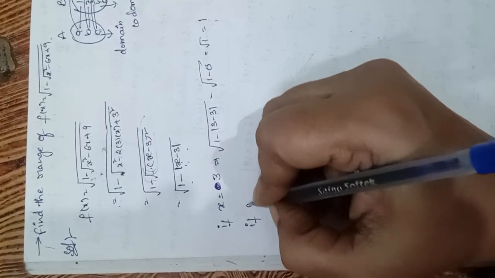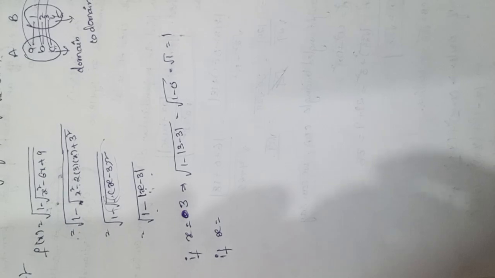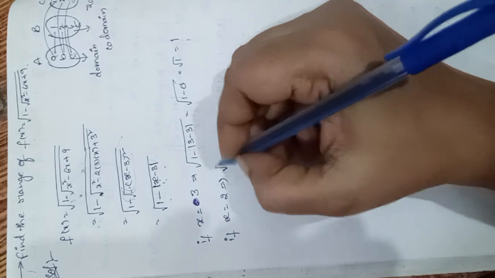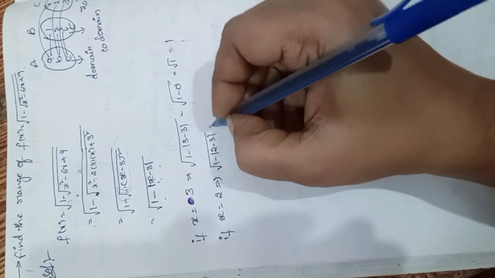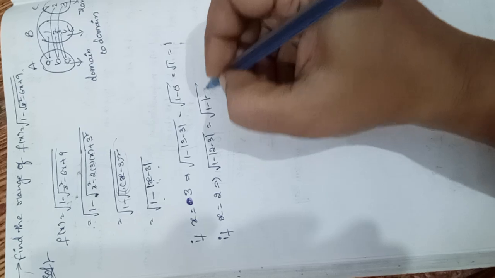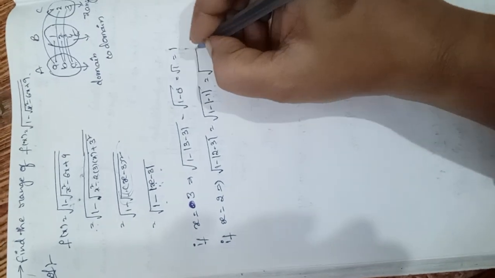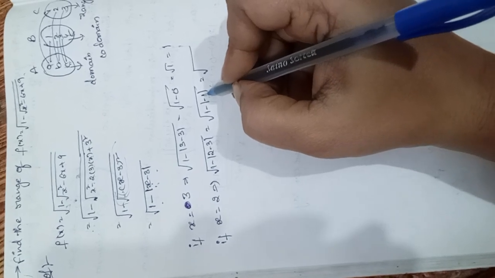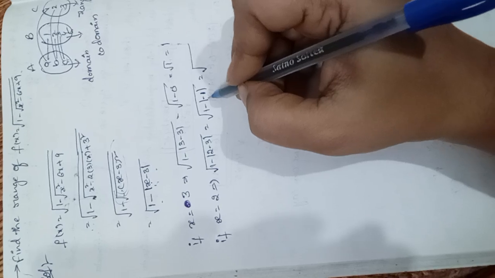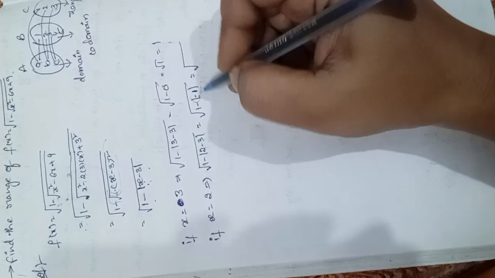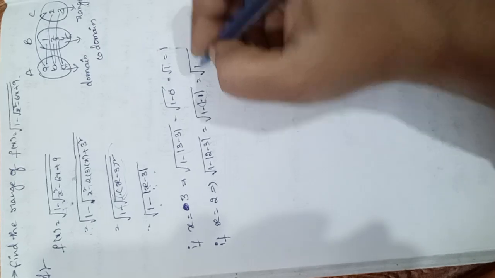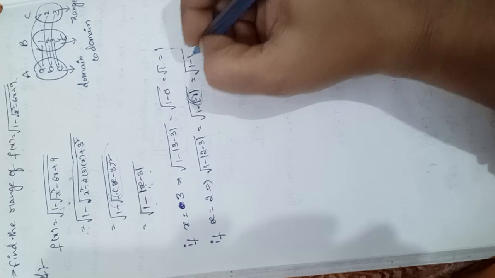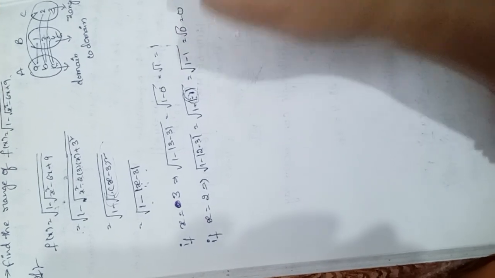And if I am substituting x value 2, root of 1 minus mod 2 minus 3 equals root of 1 minus mod minus 1. What is the mod? If you have less than 0 within the mod, you will get greater than 0. That means if you have negative in the modulus, you will get the solution positive. So what you will get? This becomes plus 1, so 1 minus 1 equals root 0 equals 0.